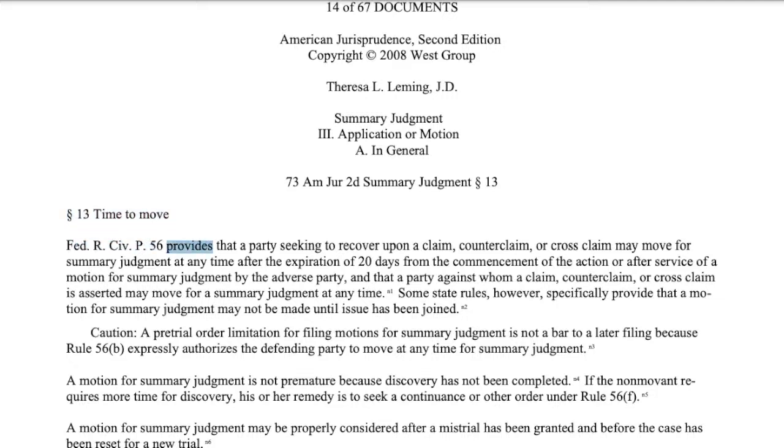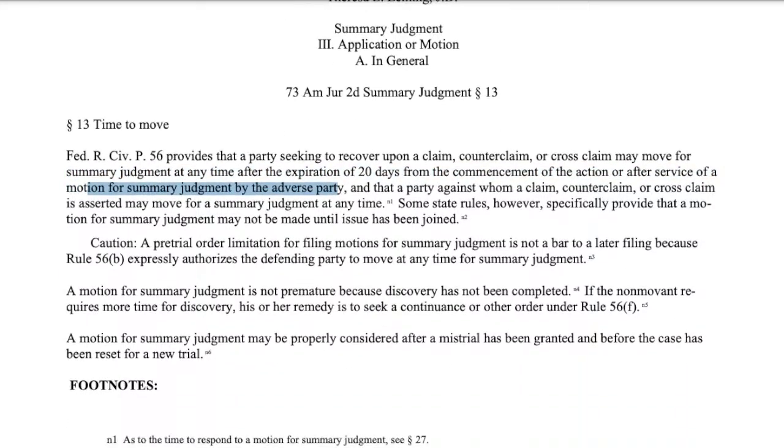Federal Rule 56 provides that a party seeking to recover upon a claim, counterclaim, or cross-claim may move for summary judgment at any time after the expiration of 20 days from the commencement of the action or after service of a motion for summary judgment by the adverse party, and that a party against whom a claim, counterclaim, or cross-claim is asserted may move for a summary judgment at any time.